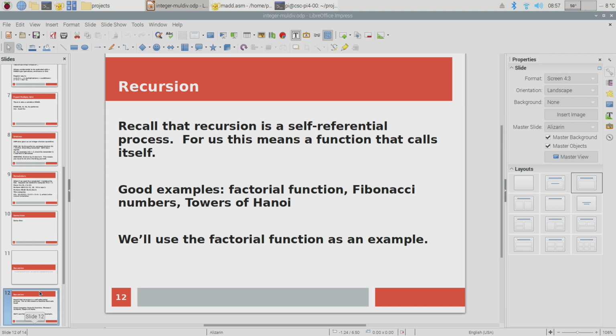So, what are good examples of this? Well, the factorial function, the Fibonacci numbers, the towers of Hanoi. Any other good examples? Computing powers. Oh, actually, yeah, you could do that. Other examples?